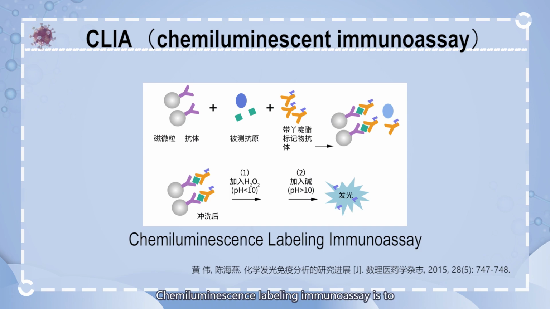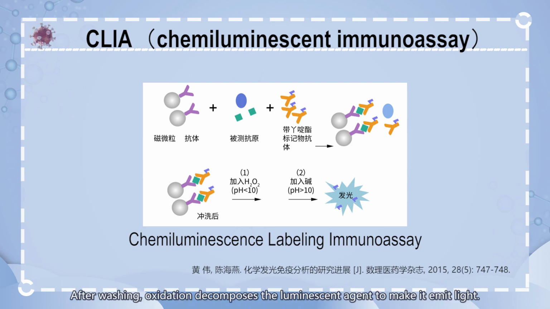Chemiluminescence labeling immunoassay is to immobilize antibodies on magnetic particles and directly label antibodies for antigen detection, or antigens for antibody detection, with chemiluminescent agents, and then react with the test specimen to form a solid phase coating complex.